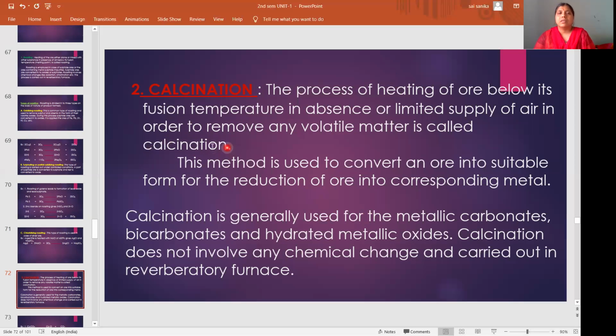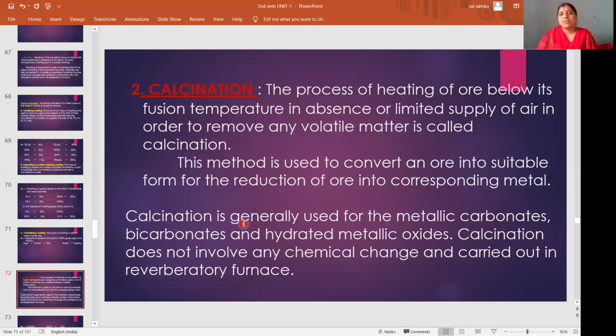So see here, in the presence of air, roasting; in the absence of air, calcination. This method is used to convert an ore into a suitable form for the reduction of ore into the corresponding metal. At last we have to reduce the ore to get the corresponding metal, so we are converting the ore.